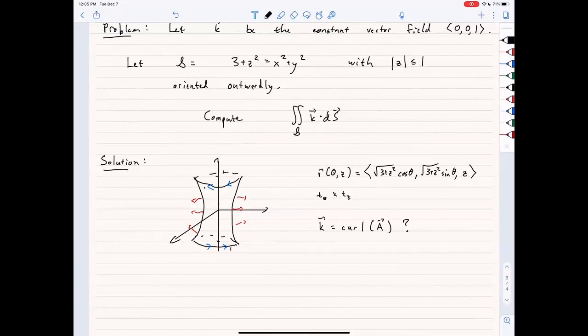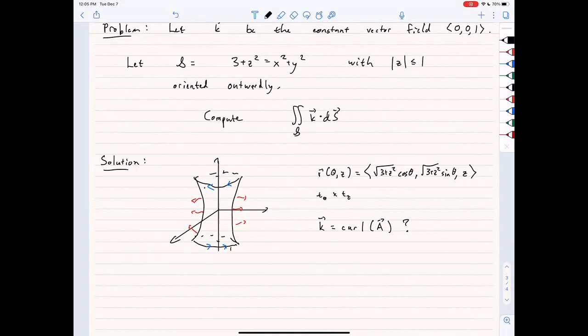This is a memory test. How many know that there is such a vector field based on memory? Nope. I and j are constants, so the curl is a type of derivative. If I take a derivative of a constant, I'll get 0. It's a reasonable guess.